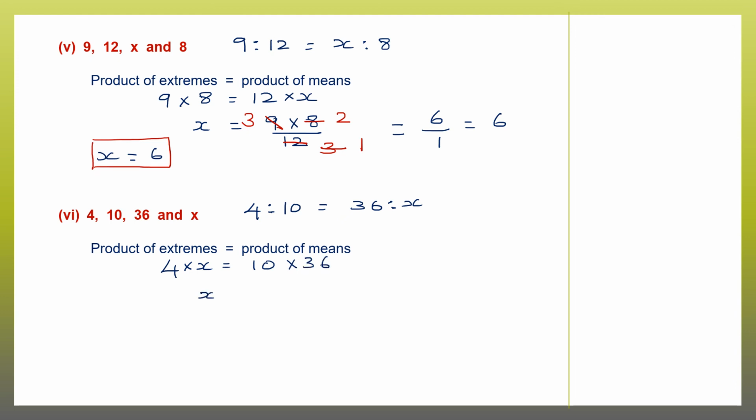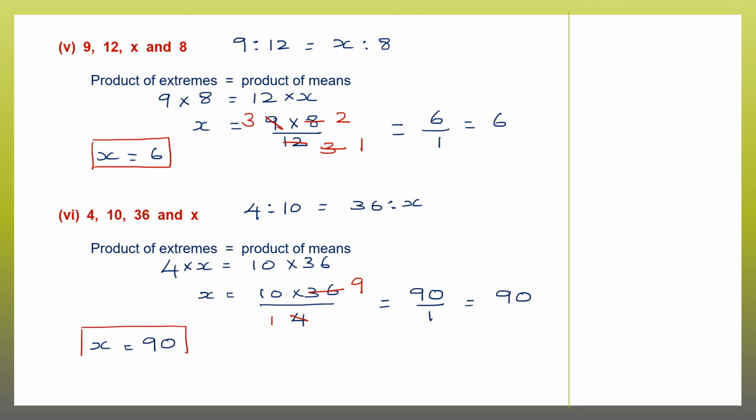Let's find the value of x. 10 into 36, I bring 4 to the side and make a division. Now let's cancel. 4 1s are 4, 4 9s are 36. Let's multiply the numerators. 10 9s are 90 by 1. 90 by 1 is 90. So the value of x is 90. So that's our answer.